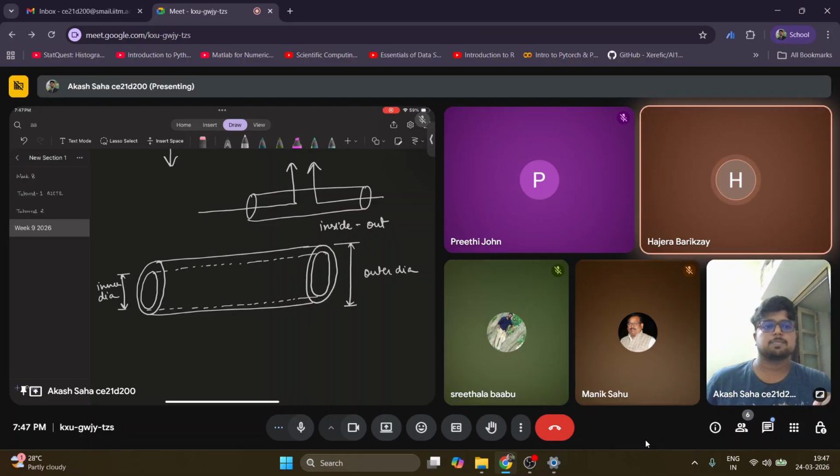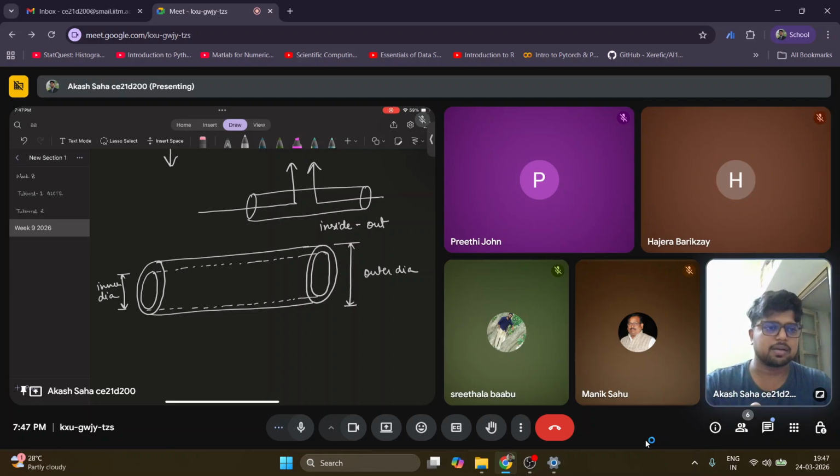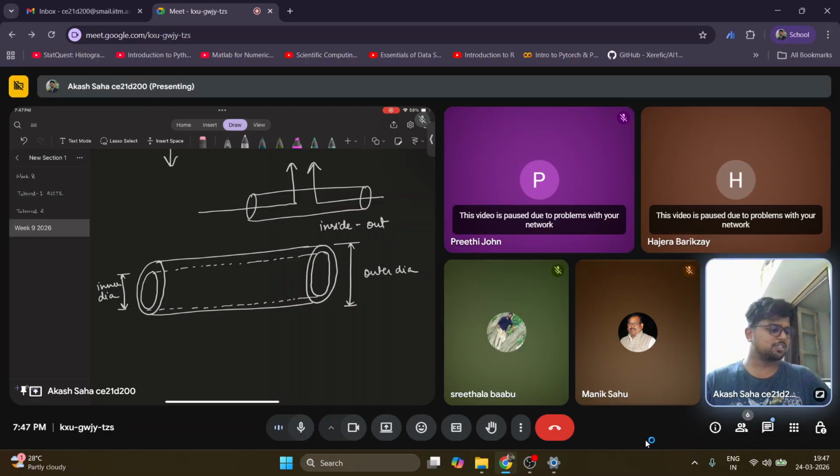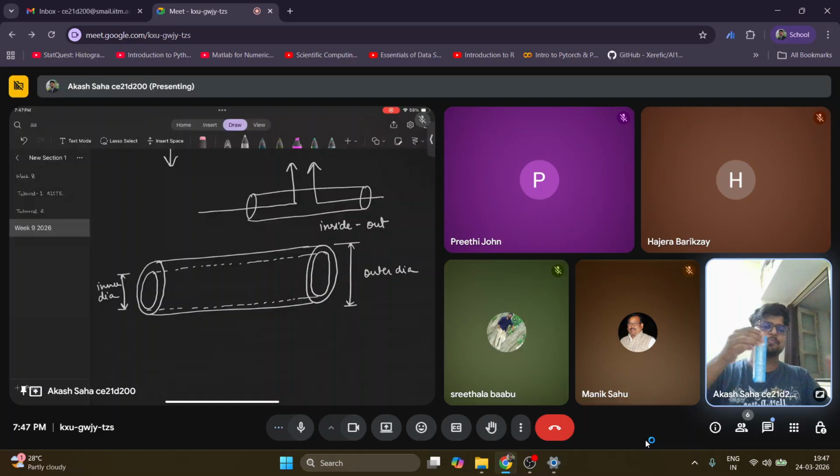Because it's outside in, we have to take the outer diameter into the length. And what area will you take? Will it be the area of a circle or area of something else? A circle.